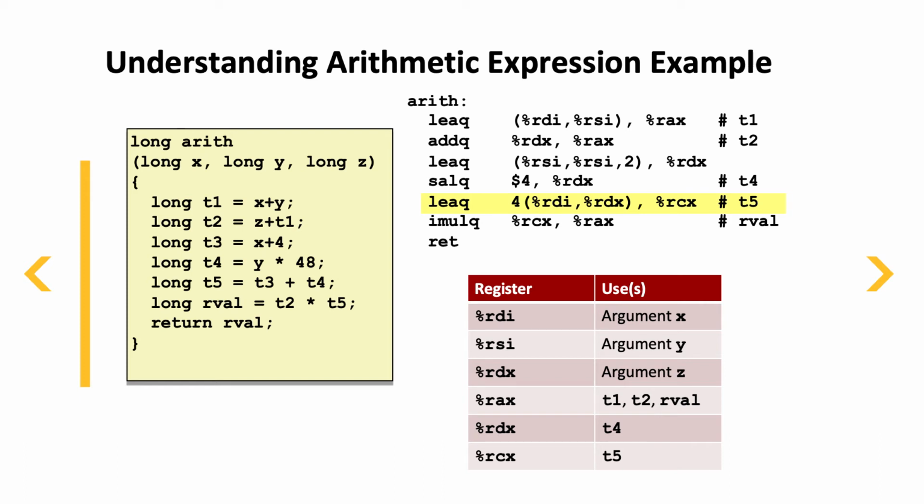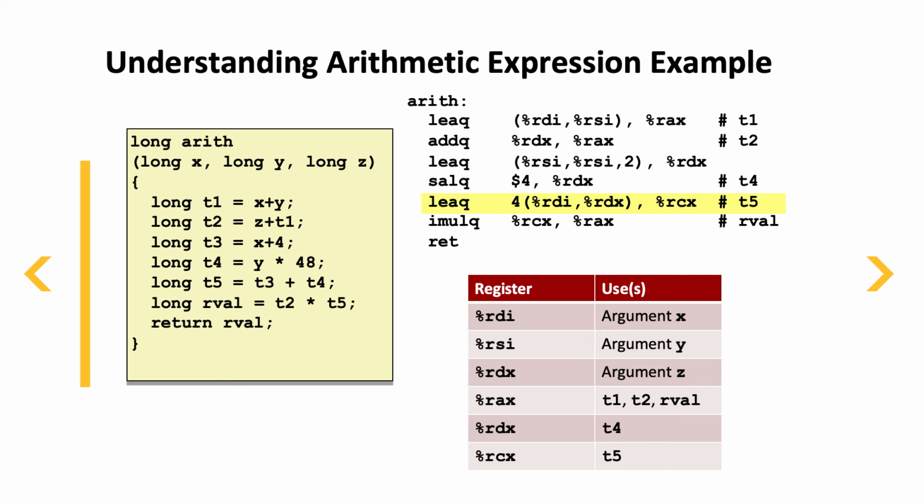So our base register plus our index register plus our displacement gives us X plus 4 for the displacement. That's T3 is X plus 4 plus T4, which is now living in RDX, and we just calculated T5.